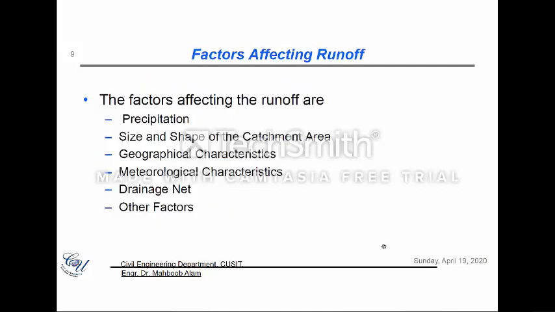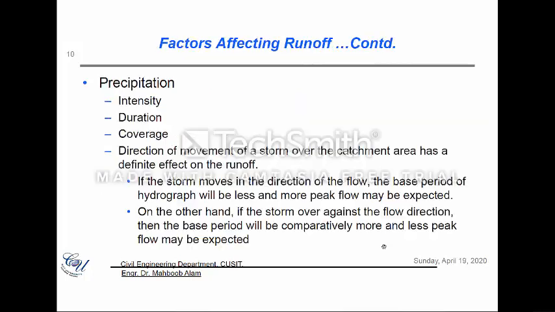Now let us look at the factors that usually affect the runoff process. These are all the processes that would affect the volume of runoff: precipitation, size and shape of the catchment area, geographical characteristics, the meteorological characteristics, drainage net, and other factors. Let us look into each one of them in detail.